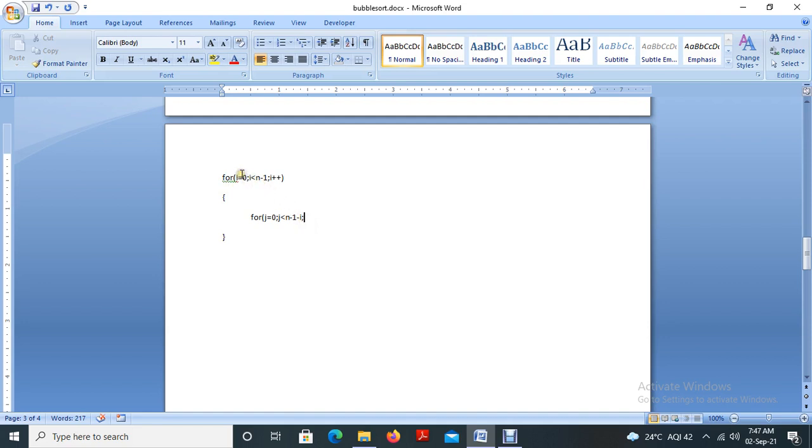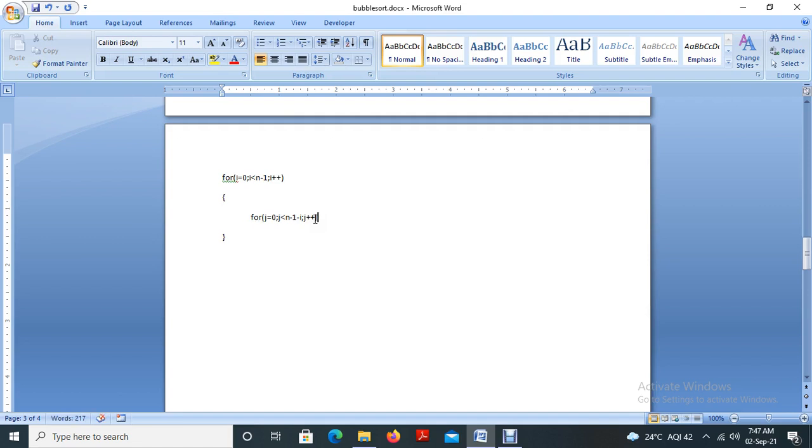Then when i equals 2, the internal comparison goes up to 3, then when i equals 3, the internal comparison goes up to 2. Likewise the comparison gets reduced, j plus plus. Okay, this is the inner for loop.